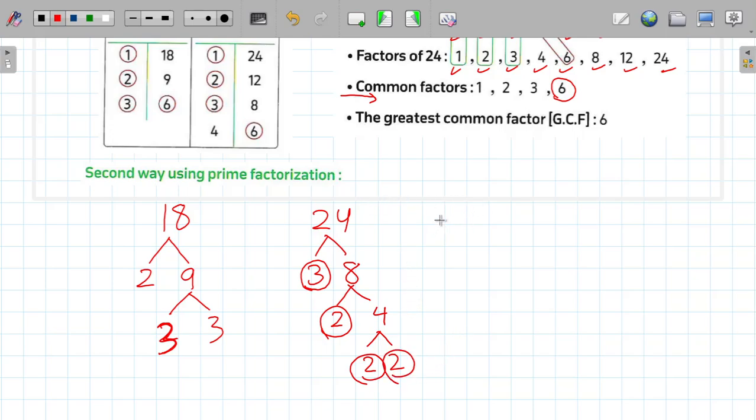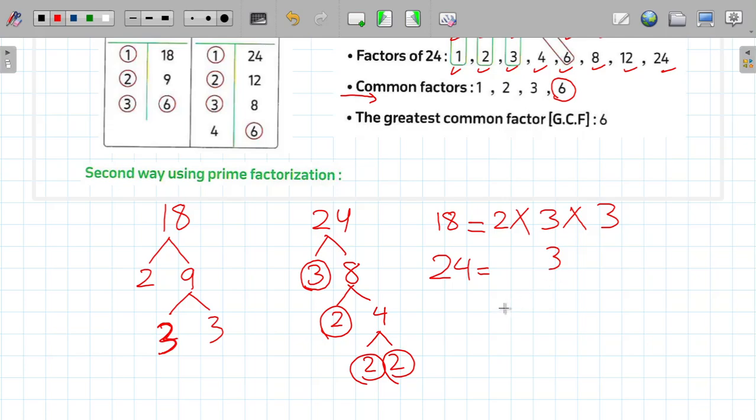So I will write the two numbers under each other like this: 18 and 24. The first one equals 2 by 3 by 3. Okay, next I have 24 equals 3 by 2 by 2 by 2. I will write 3 under 3 here.